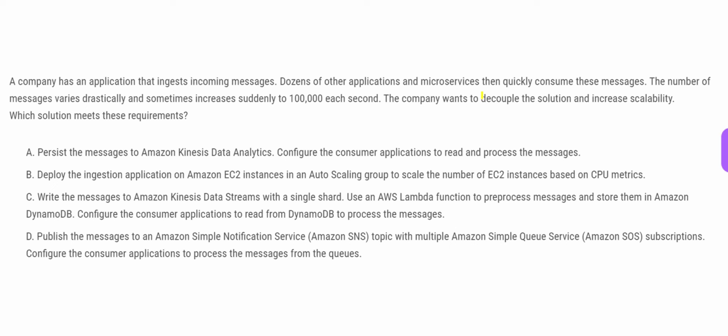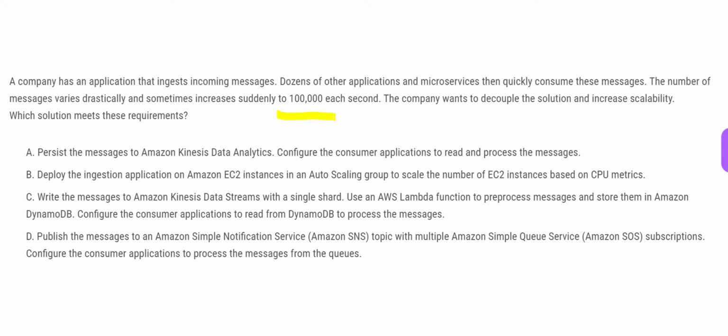Now they are telling, see, there is a producer, there is a consumer. So their messages are coming and it is getting consumed. The number of messages varies drastically. Okay. So it increases to 10 or 100K every second. Now the company is saying, I want to decouple the solution.